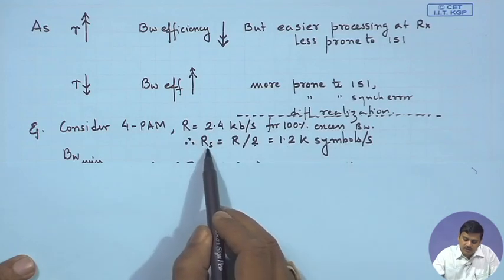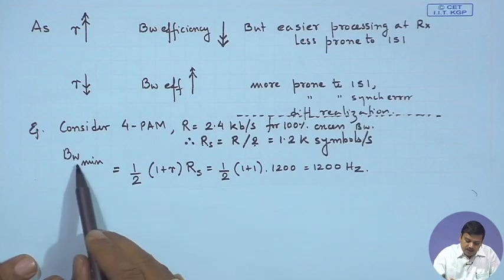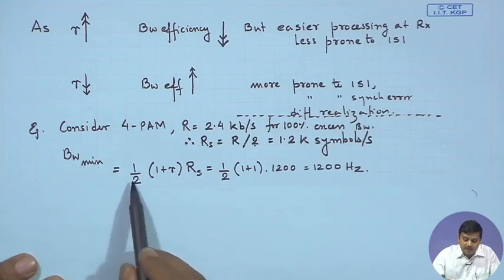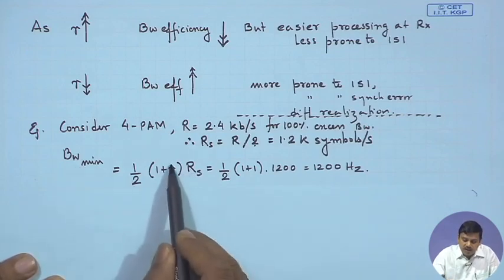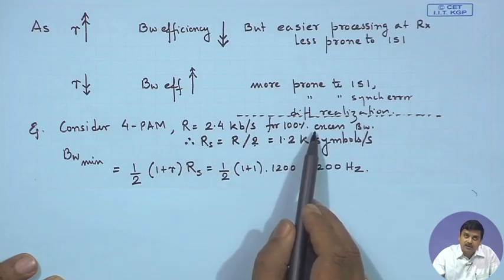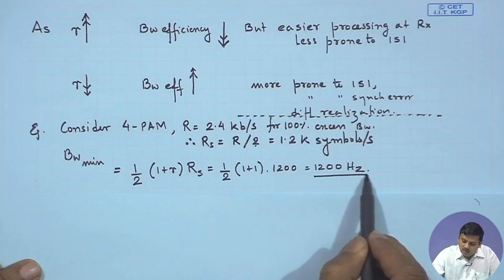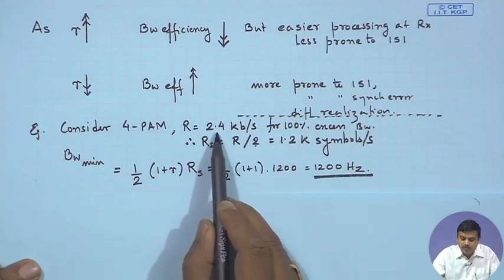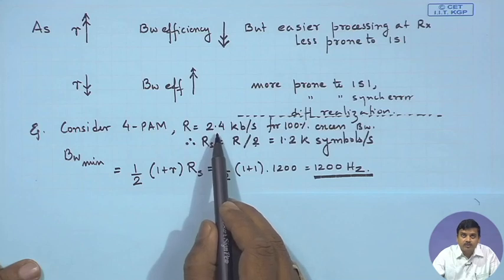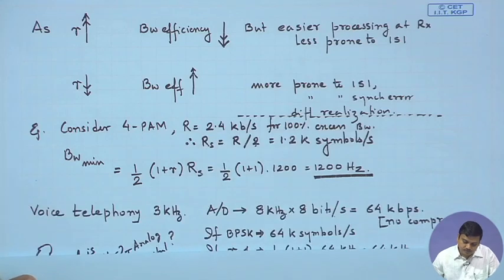So, bits per second converted to symbols per second, and the minimum bandwidth that is required is half times 1 plus r times Rs. r is 1 because it says 100% excess bandwidth is available. You can use 1.2 kilohertz to communicate 2.4 kilobits per second. That is what we get over here.